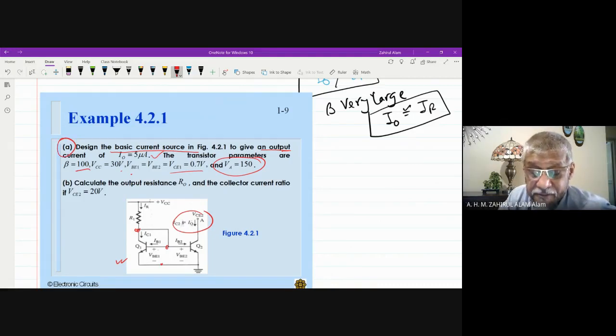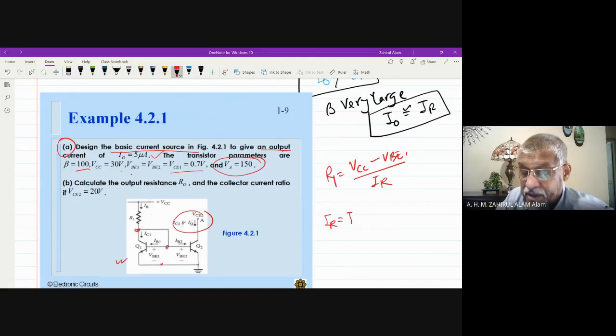So how to design? We know that R1 is equal to VCC minus VBE1 divided by IR, because VE is 0. So what is IR? We have already derived the relation: I0 times 1 plus 2 divided by beta, which is 5 micro times 1 plus 2 divided by 100.